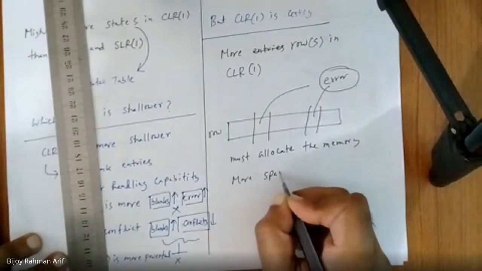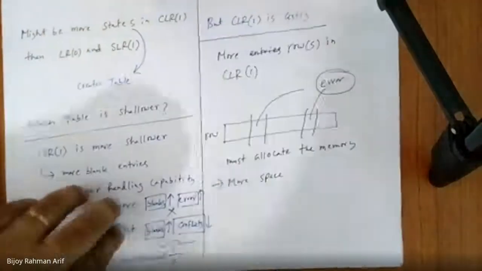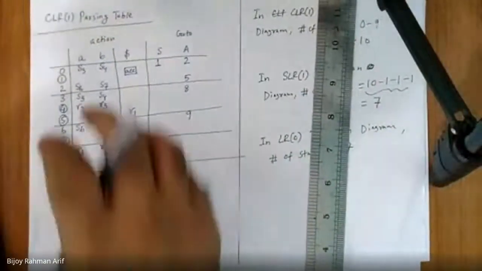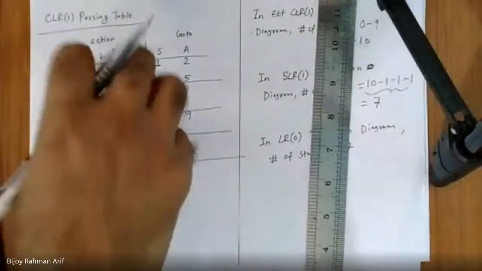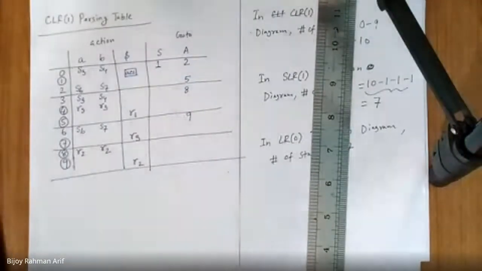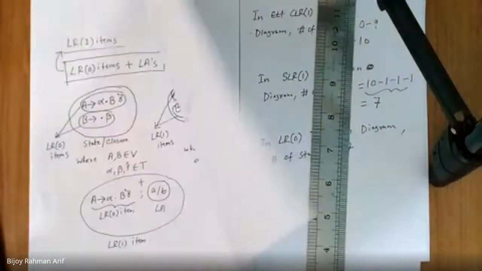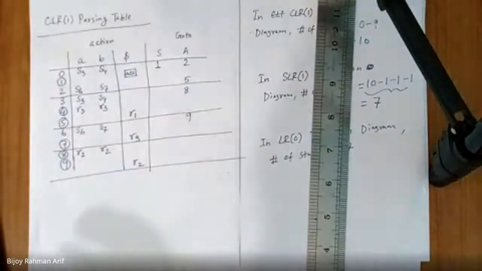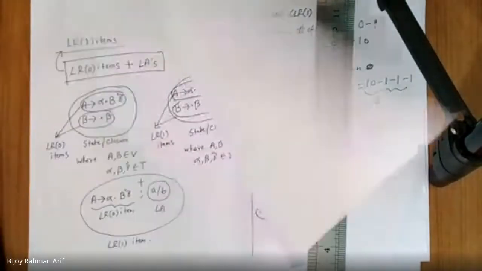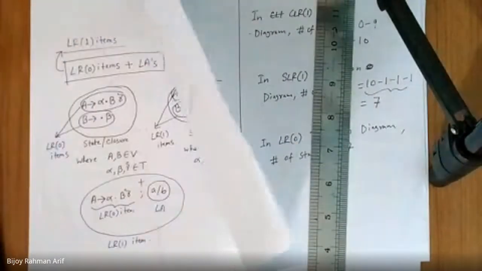Not only that, how about this table? This table is always being used. We have parsed a lot of strings using this table, and continuously we have to consult the table. For that row, that column, what is the entry? Whenever you implement any parser in code, the same thing happens: the code is always looking for values in the table.